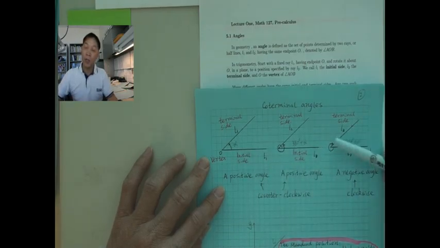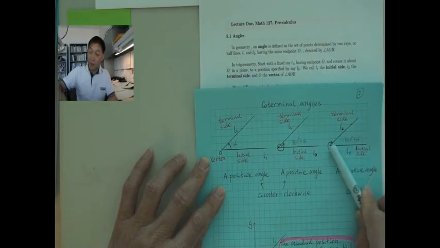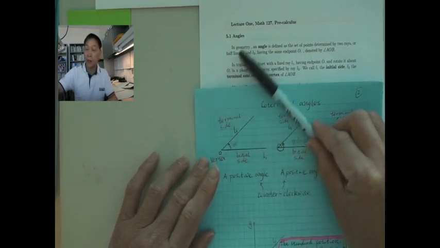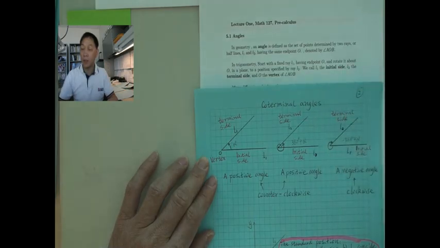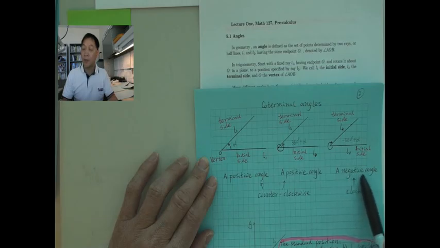You may say, I can get this terminal side to rotate in a clockwise direction, like that. If you rotate clockwise, then the angle you get is a negative angle.